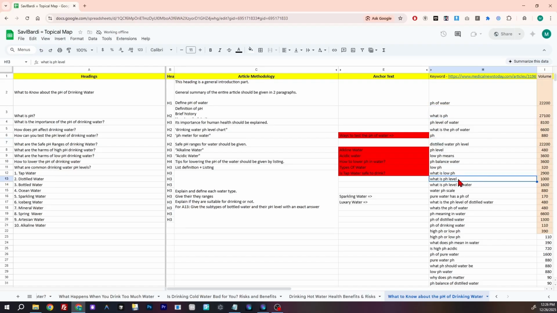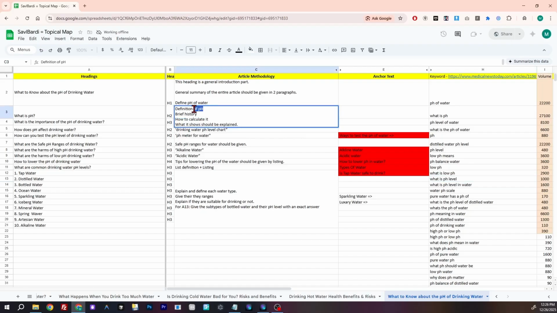That means if you are able to ask about the level and also what is pH, with water or without water, it will be helpful for us, because while defining pH, we also give the pH level measurement or the chart, and then we also give the numbers to calculate it.